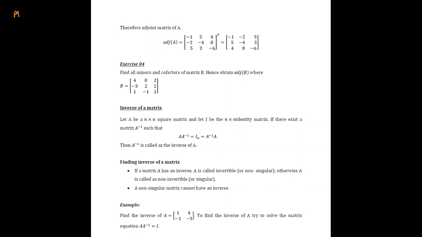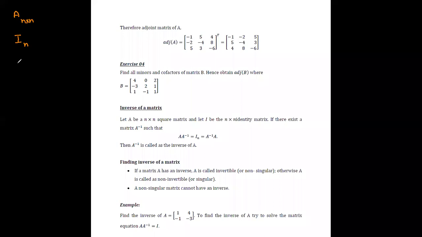Suppose that A is an n by n square matrix, and suppose that I is an identity matrix having the order n. Let A be this n by n square matrix and I be the identity matrix of order n.